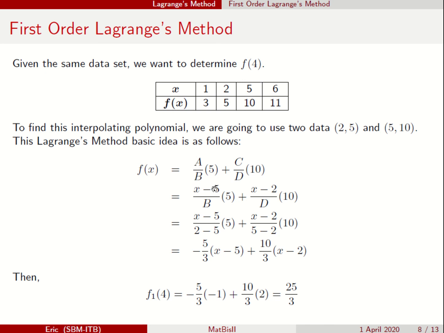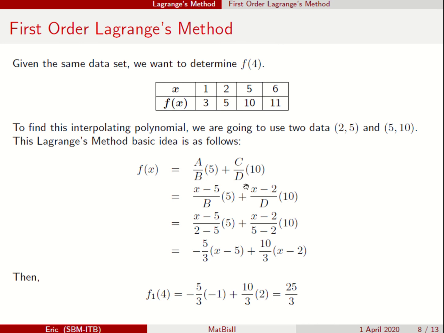So I put x minus 5. Why? Because in this term, I just want to correspond to this data. So if I substitute x equals 5, I want this term to vanish. So I put x minus 5.